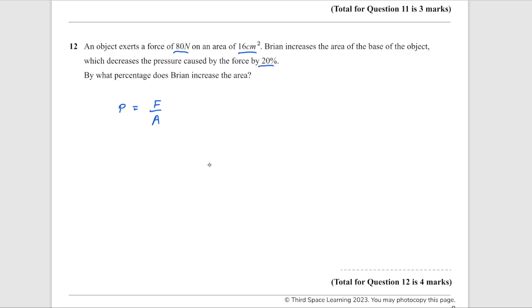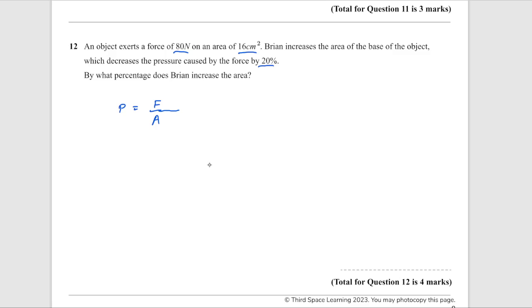So let's just think about this. Okay, if I'm trying to think about this correctly, trying to be a bit too clever really, which is dangerous. Brian increases the area of the base of the object, which decreases the pressure by 20%.